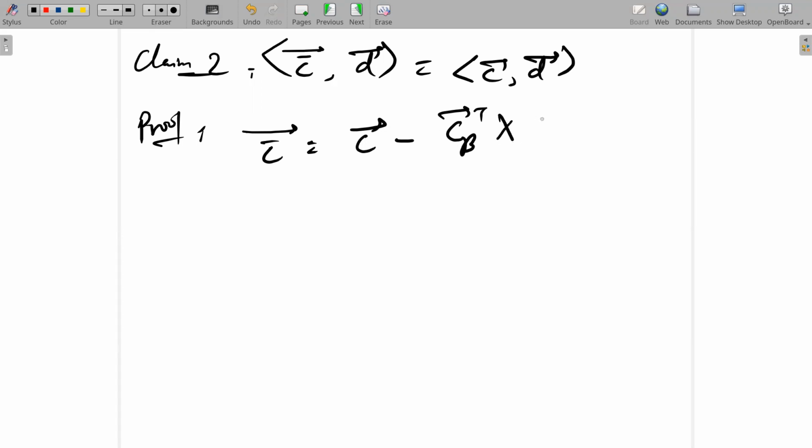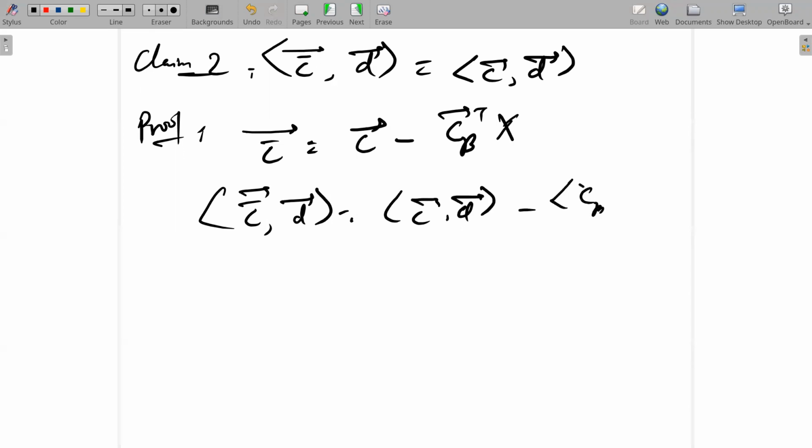It was B inverse A, which is precisely equal to X. Now we know D is in the null space from claim 1. So this is C dot D minus C_B transpose XD, and this we know to be 0. This is C dot D.